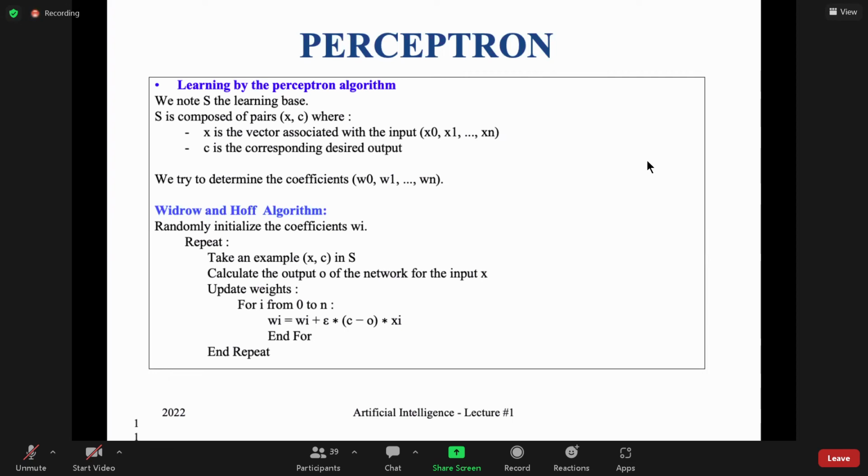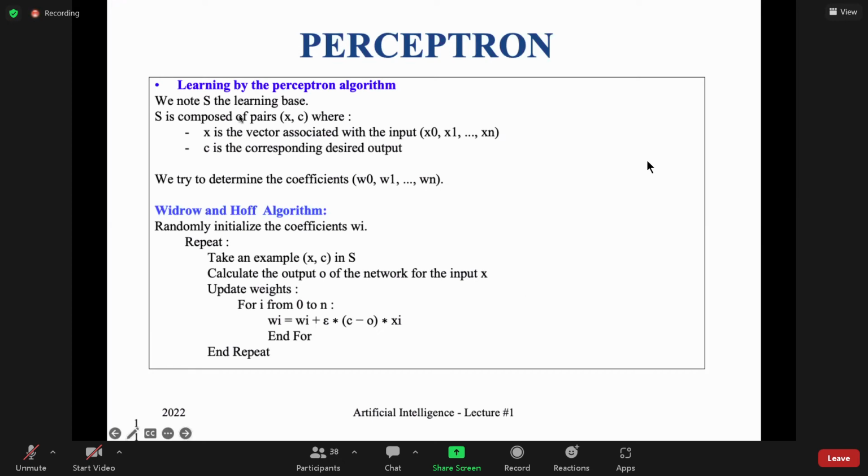For that, we use the Widrow-Hoff algorithm to train this perceptron. So first of all, we have the databases. I spoke a few times, or maybe several times, about databases from this morning. And as we have seen, it's very important to select good learning databases.